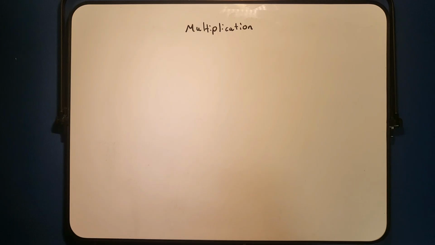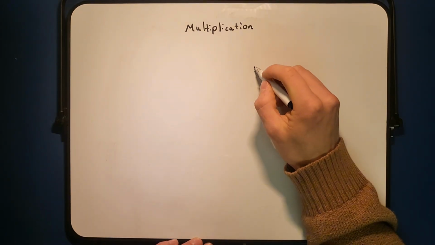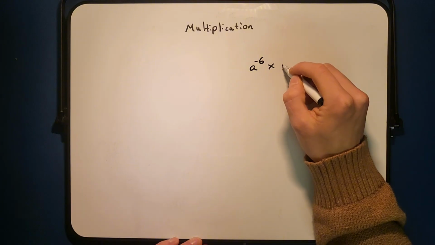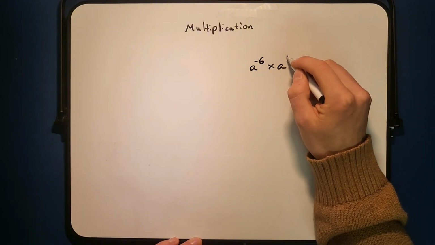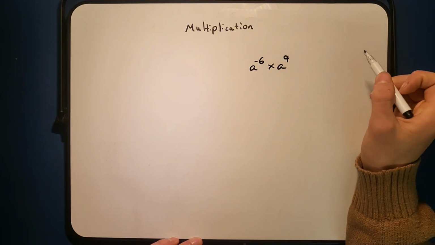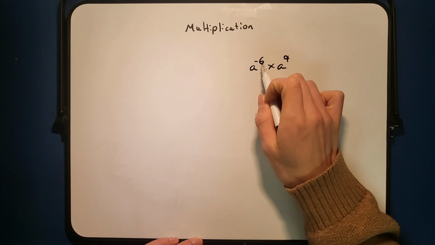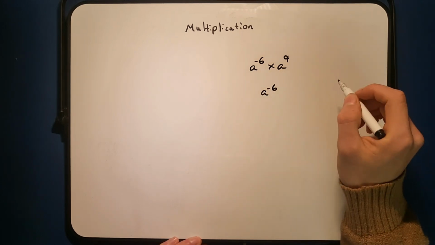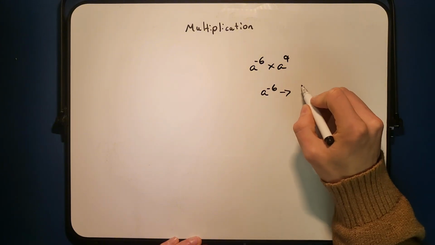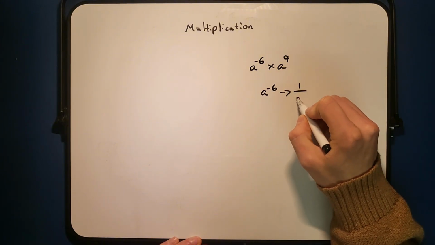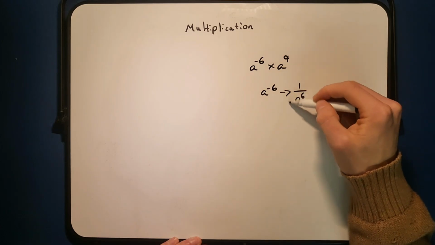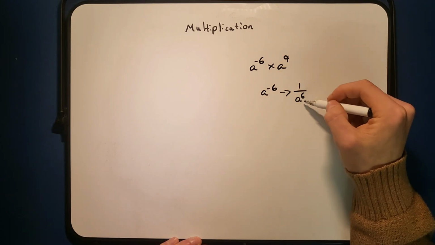Now what happens if we have a to the minus 6 times by a to the 9? Now, we have a negative power. When dealing with negative powers, we can rewrite this as 1 over a to the 6. This negative sign means that this is a fraction, so 1 over.